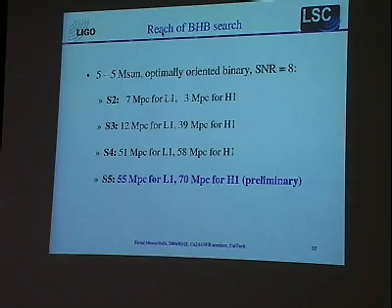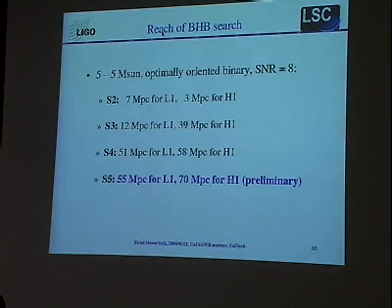So, Eirini, the efficiency you showed us before, was that also for SNR of 8 in both? No, the efficiency was the efficiency at our loudest event, which for S2 had signal-to-noise ratio 9 at Hanford and 13 at Livingston. So these are the current estimates, and as I said, they're preliminary. So if we impose coincidence, we can assume that we can see a 5-5 solar mass binary at 55 megaparsecs.